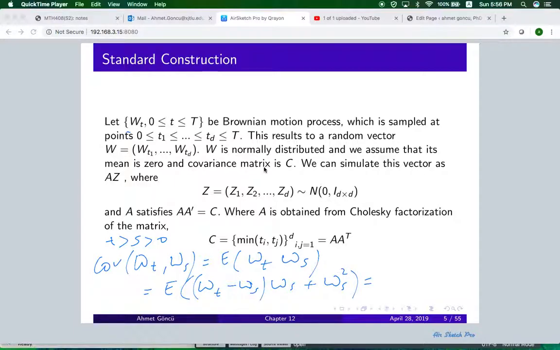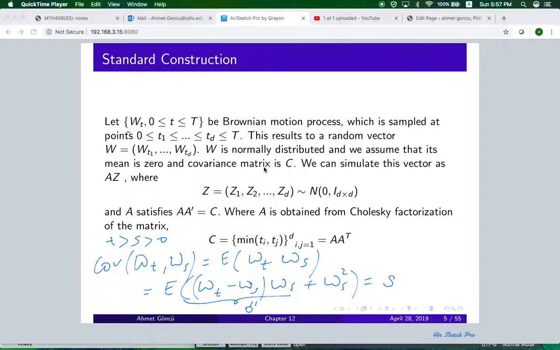But notice that the expectation of the first term is going to be equal to 0, because we know that the Brownian motion increments, this one from 0 to s and this one from s to t, are independent, so their covariance is going to be equal to 0. So this term will vanish. And what we have is the expectation of W_s squared, which is the variance of this term, which is equal to s.